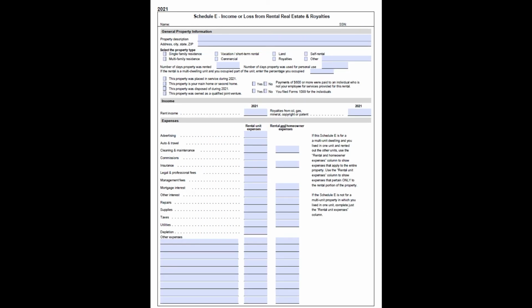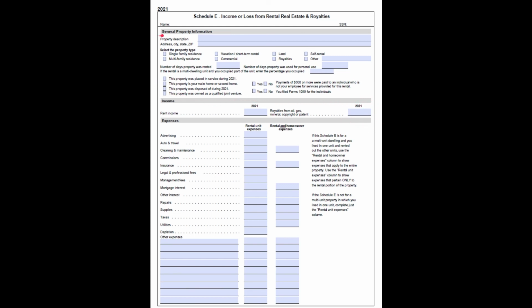Now, the Schedule E is going to be for your income or losses from rental real estate and royalties. So remember that 1099 miscellaneous had rental income and royalties listed. We are going to dust that off and pull that back out for this area here to put in rental income here and royalty income here, okay?